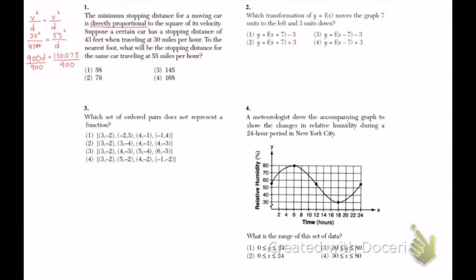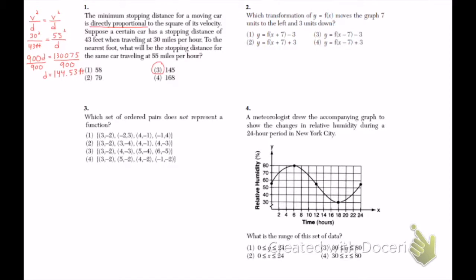So 130,075 divided by 900, and we get that d is equal to 144.53, and that will be feet. So when we look at our choices, we see that choice number 3 has to be the correct answer of 145 feet.